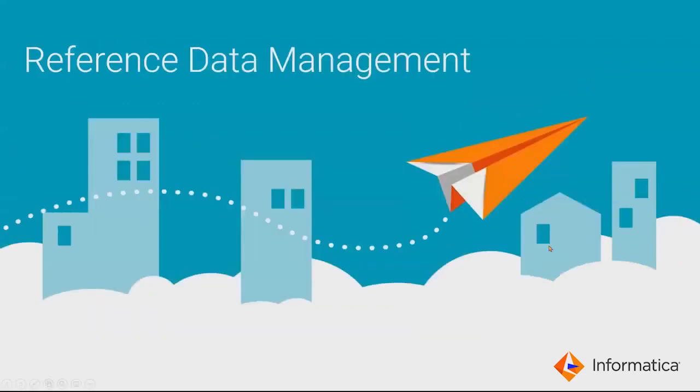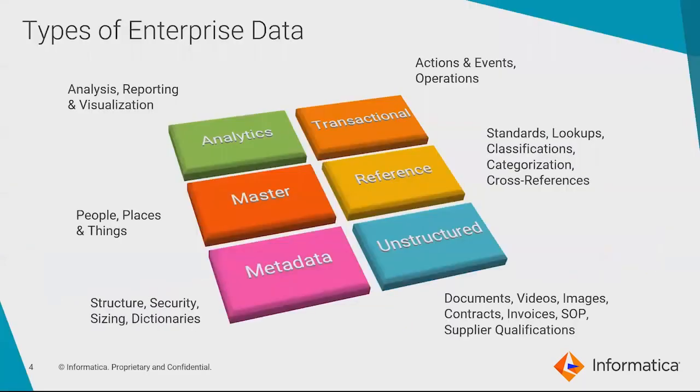So what do we mean when we say reference data? Well, across the enterprise, we can think of many different types of data. Analytics, for example, will be used for analysis, reporting, visualization. We've got transactional data, which is really the operational heart of any enterprise, actions and events. And we've got master data, which you could think of as being people and places and things.